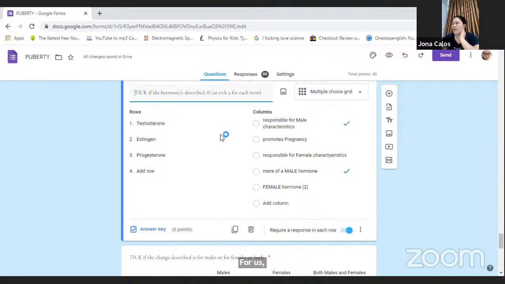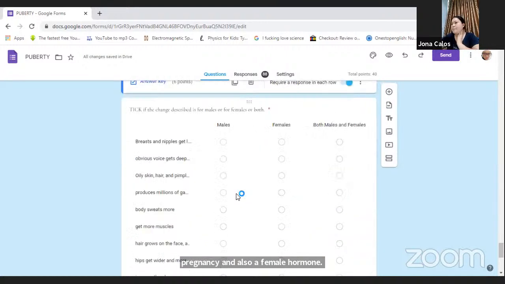Also for testosterone, it is more of a male hormone. Next. Estrogen, it's more of a female characteristics and also a female hormone. Progesterone is promoting pregnancy and also a female hormone. That's it for this one.